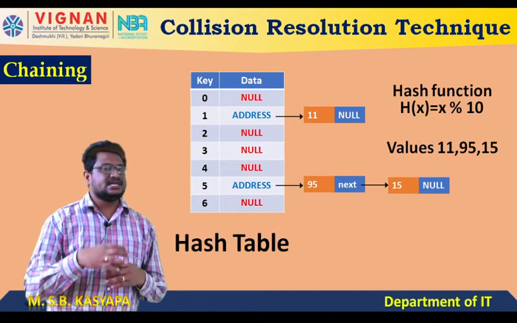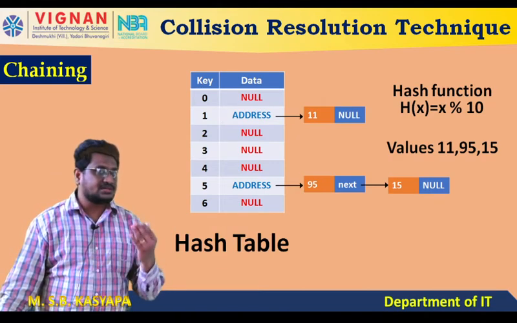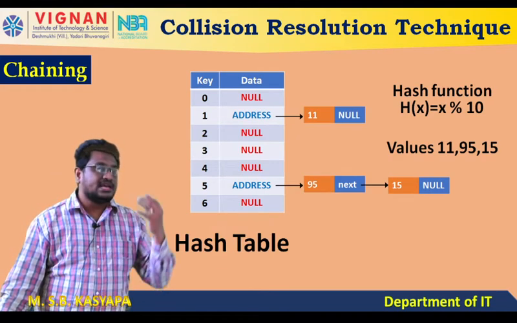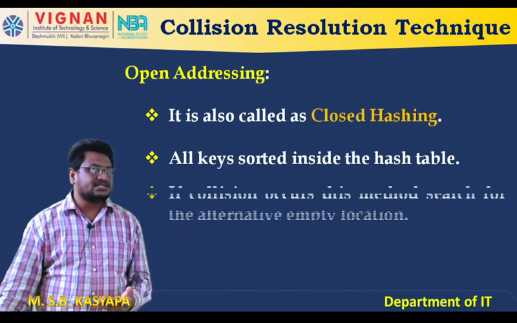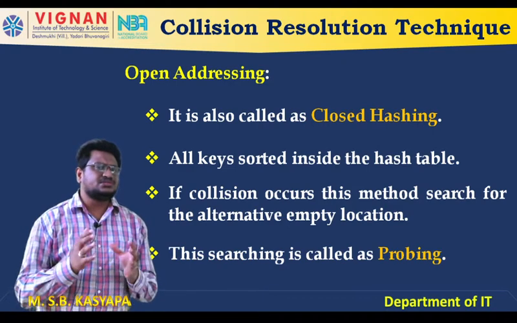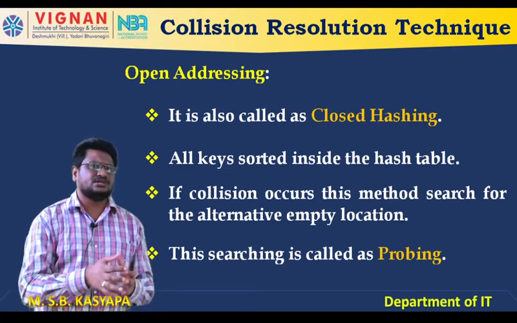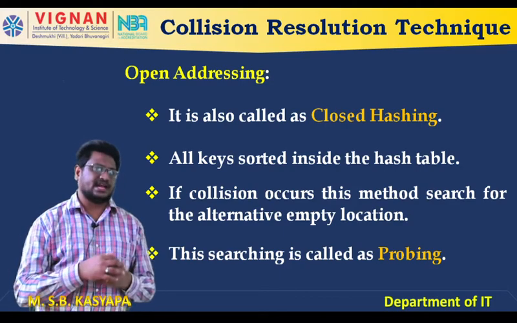Why open hashing? Because the values stored are outside of the hash table. Am I right? In open addressing, whatever values I store will be stored within the hash table only. That is why open addressing is called closed hashing.